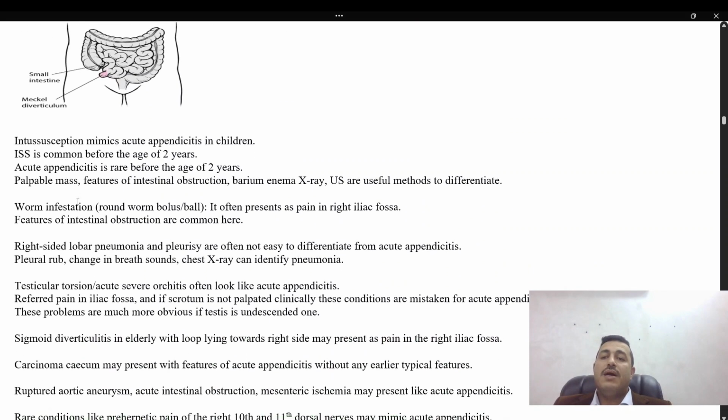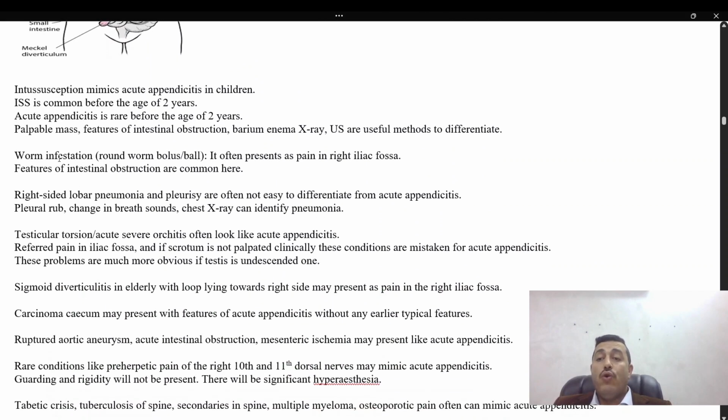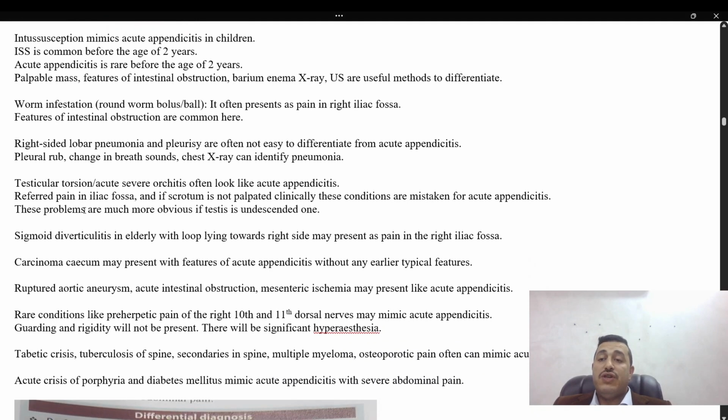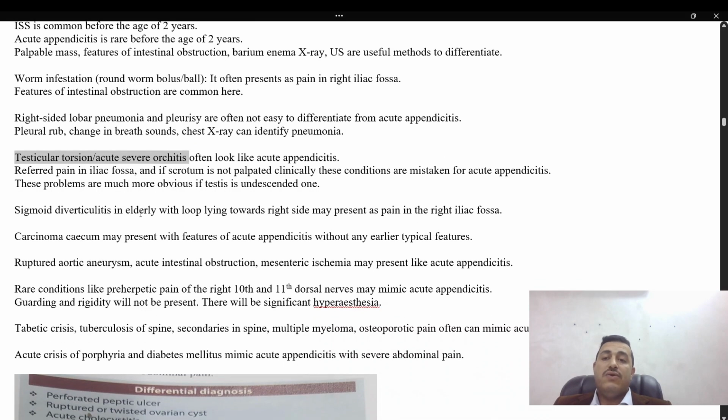Intussusception in children is also one of the differentials. Worm infection also is one of the differentials. Right-sided lobar pneumonia is more in the differential of acute cholecystitis, but it also can disturb us. An important differential is testicular torsion, and acute severe orchitis.